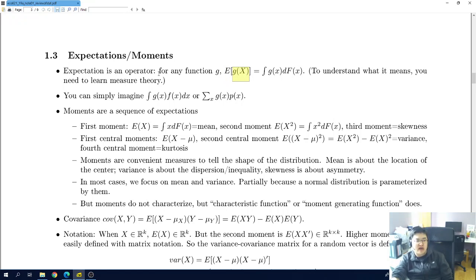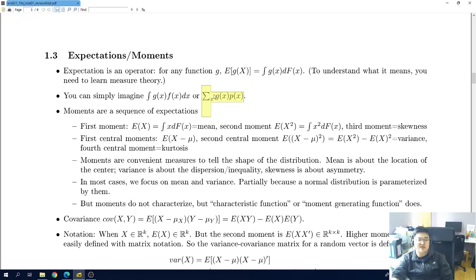So for any function of x, to calculate its expected value, you have to weight it by the PDF and integrate. However, this notation is not general enough because the PDF is not well defined for discrete variables, for example. So this definition does not work if the PDF is not well defined. Alternatively, you may use this way.